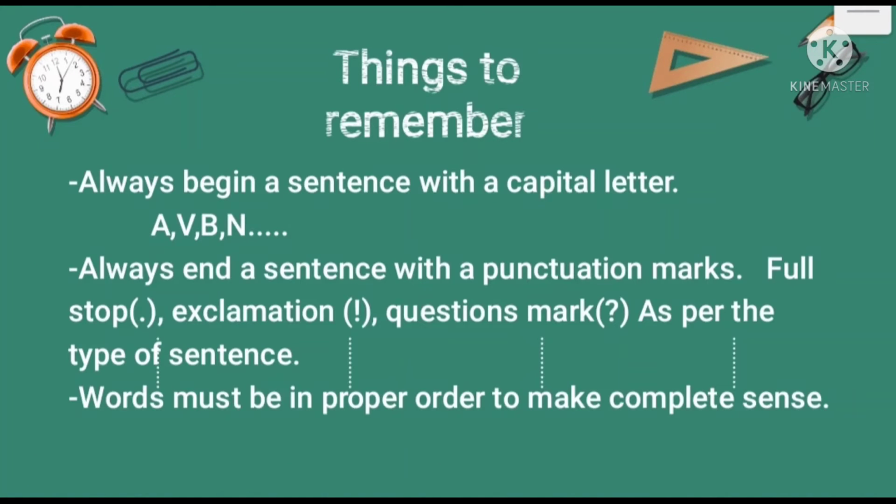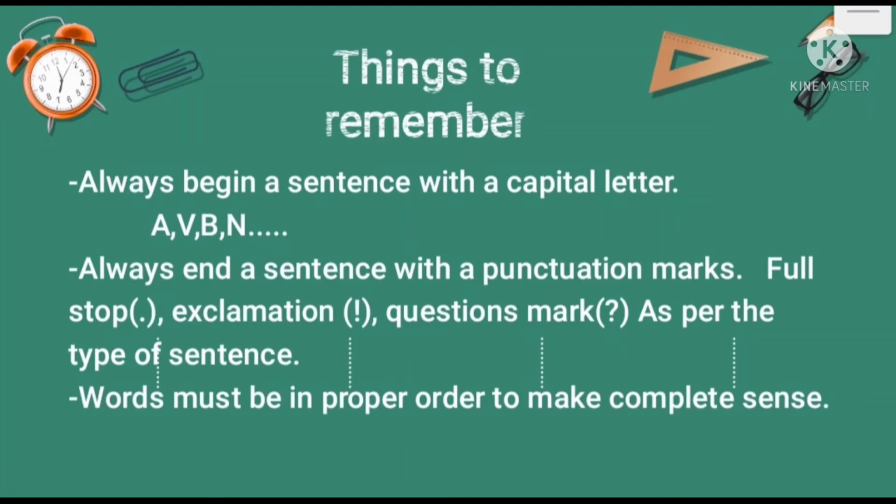There are a few things that you must remember while writing a sentence. First one is, a sentence always begins with a capital letter. The beginning letter of the sentence is always a capital letter. For example, it can be capital A, V, B or N. Second important point is, a sentence always ends with a punctuation mark.